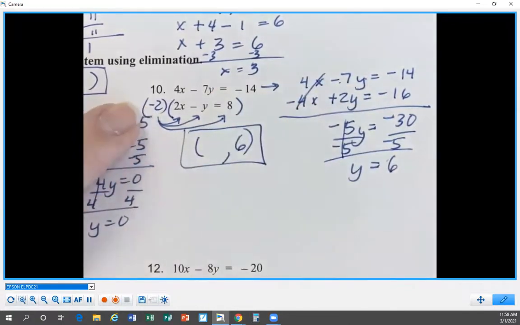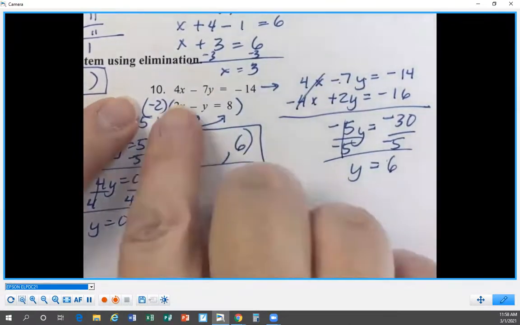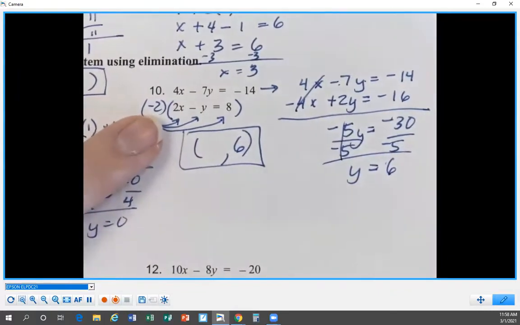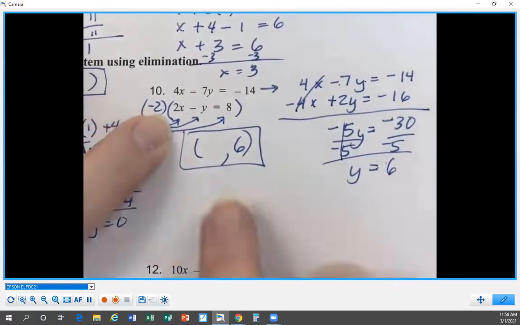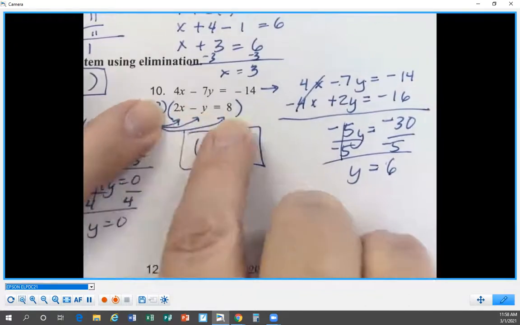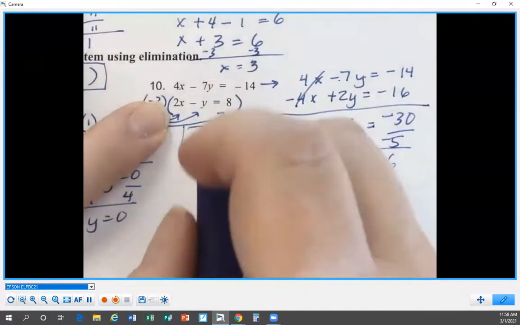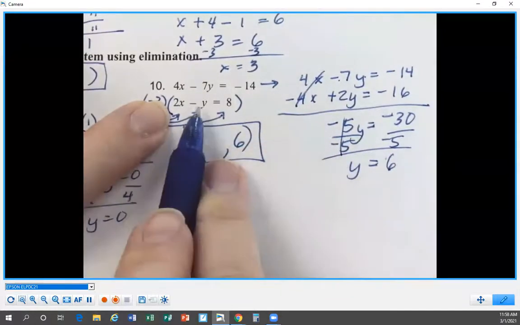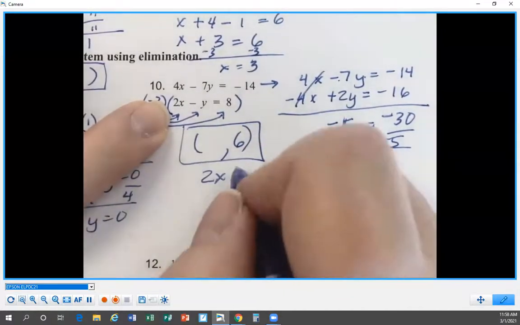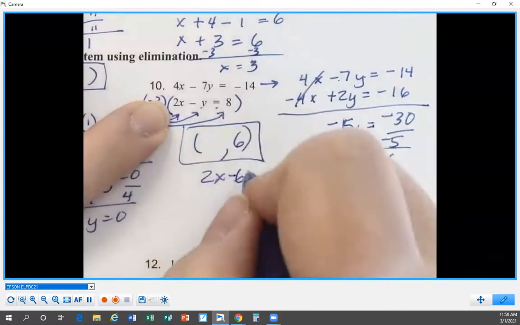And then once I know y is positive 6, I can substitute that into either one of the other equations. It doesn't matter, and then solve for x. So I'll just plug it into this one because the numbers are slightly smaller. It does not matter at all, though. 2x minus y, so we'll say minus 6 equals 8.